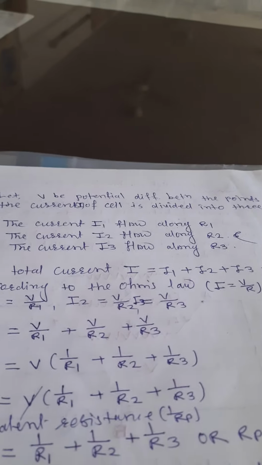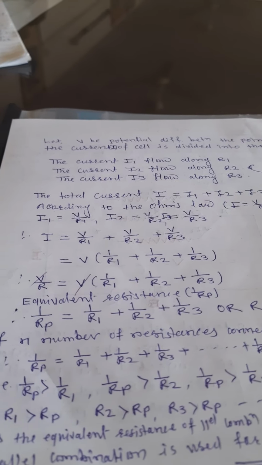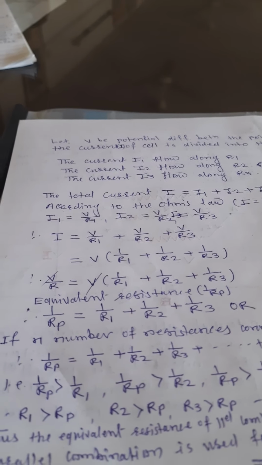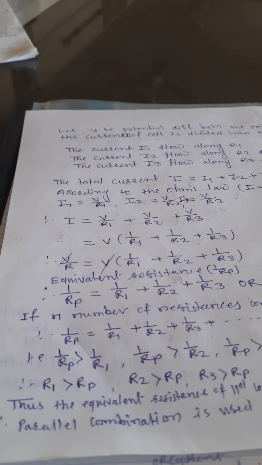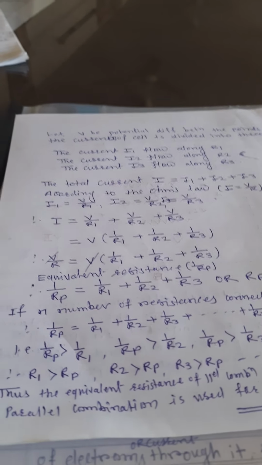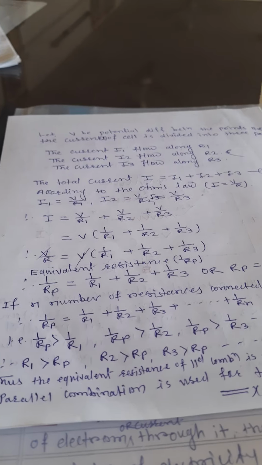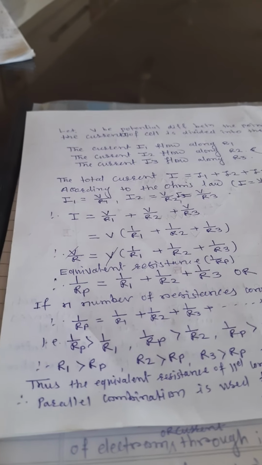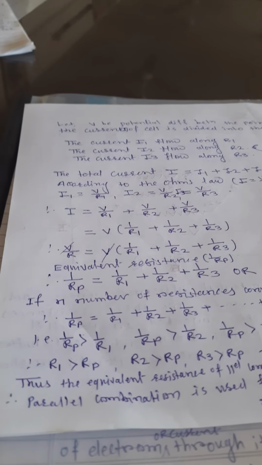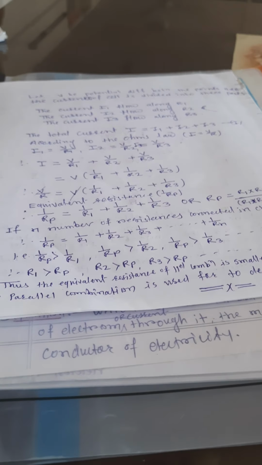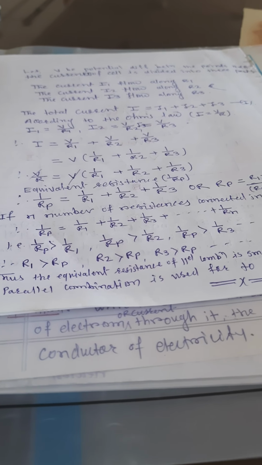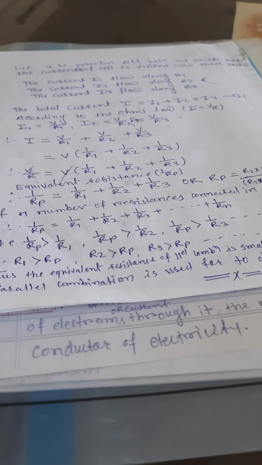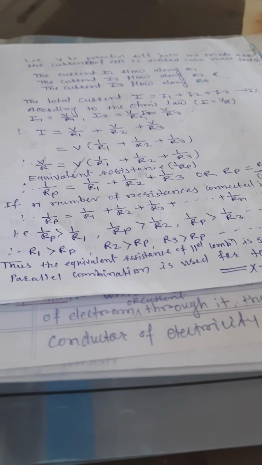Then we get 1 upon Rp, where Rp is the equivalent resistance in parallel: 1 upon R1 plus 1 upon R2 plus 1 upon R3. For n resistances connected in parallel, 1 upon Rp is equal to 1 upon R1 plus 1 upon R2 and so on.